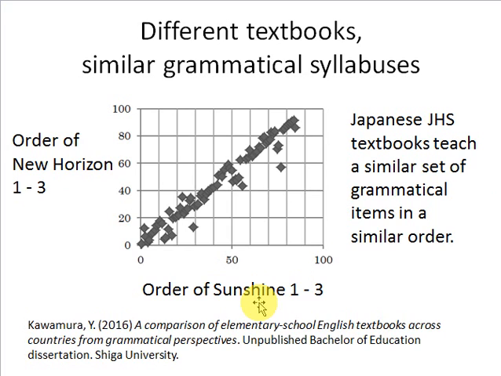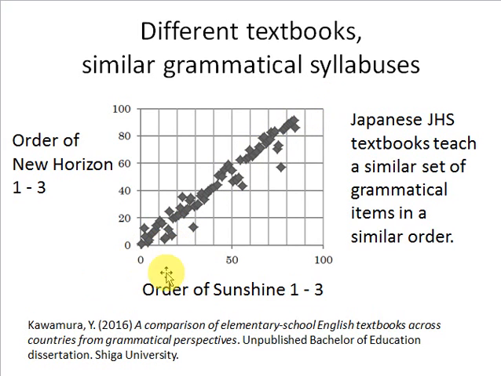So this is the result of a survey on the order of presentation of grammatical items in 2 different textbooks. But we can clearly see that the orders in these 2 textbooks are really similar to each other. We have a very straight line here.